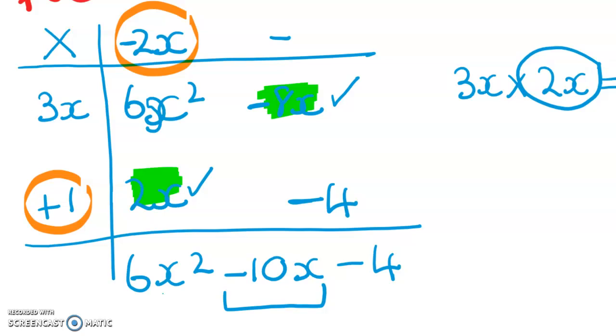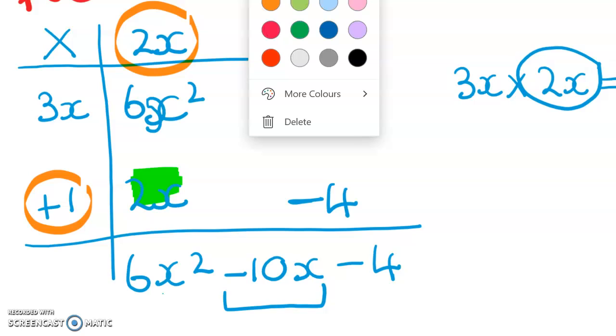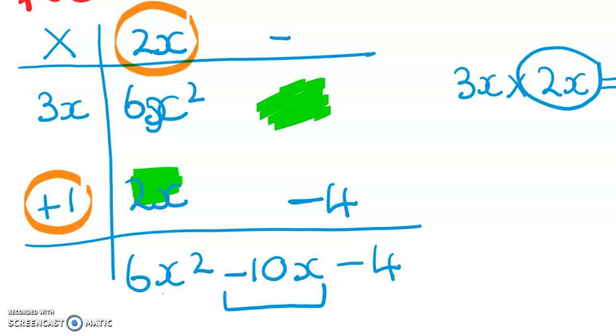Sorry, there was a mistake made there. So what we're going to put in here: I've got a 2x term, remember that's this term here. This term here and 2x have to add up to give me minus 10x, okay?